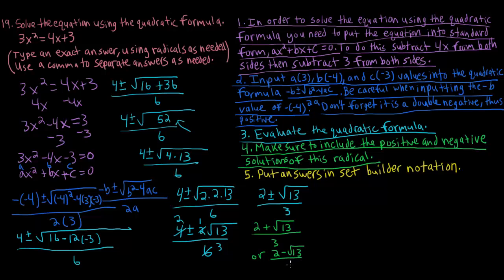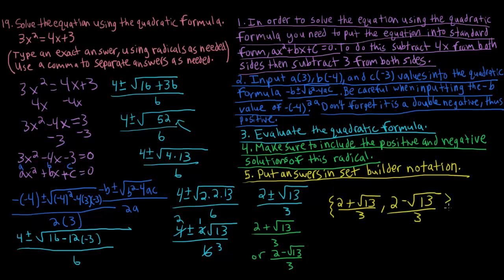And as it says in step 5, we put these answers in set builder notation. So put in your curly brackets. You'd have 2 plus square root of 13 all over 3, and then 2 minus square root of 13 all over 3, and that's your answer.